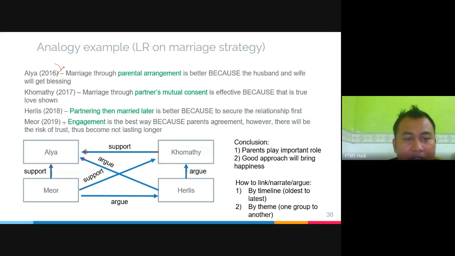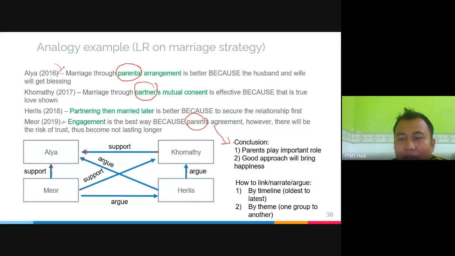Only Mio can argue with this one, so Mio does not agree with what Herlis says: engagement is better than partnering and marrying later. And the last one is Mio. Nobody argues with him because his is the latest work. So, as a conclusion, you see, there is a team, parents.